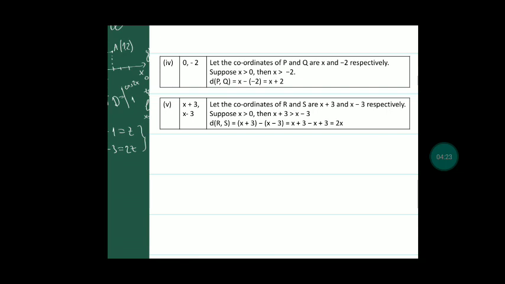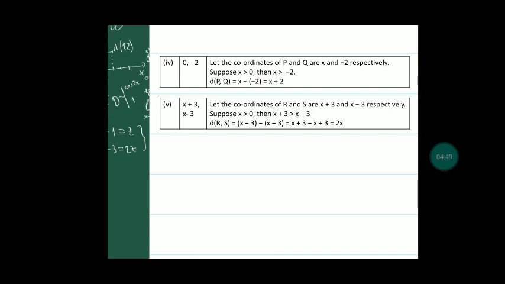Suppose x is greater than 0, then x plus 3 is greater than x minus 3. Therefore, distance of RS is equal to x plus 3 minus in bracket x minus 3, is equal to x plus 3 minus x plus 3, is equal to 6.